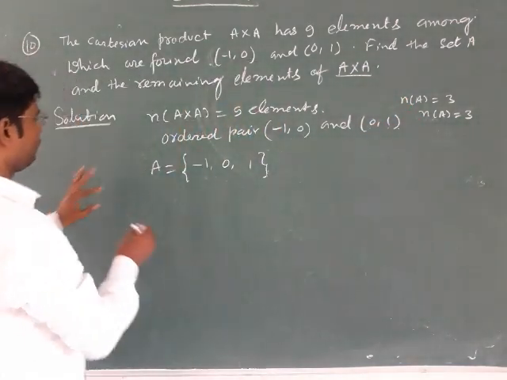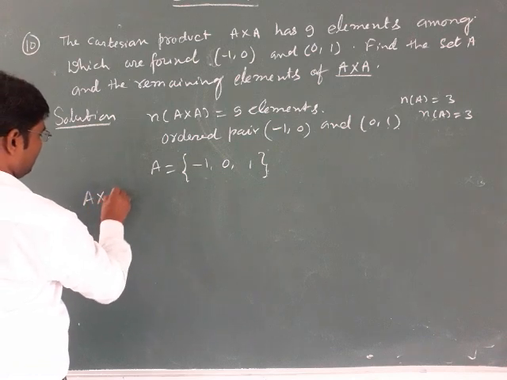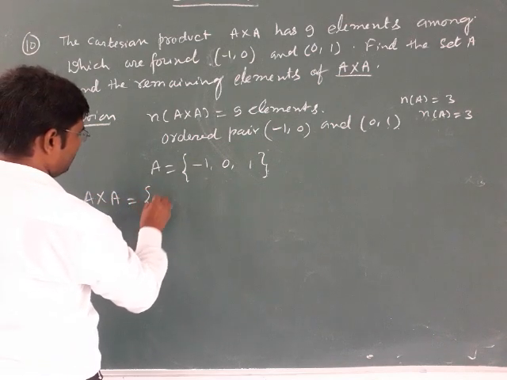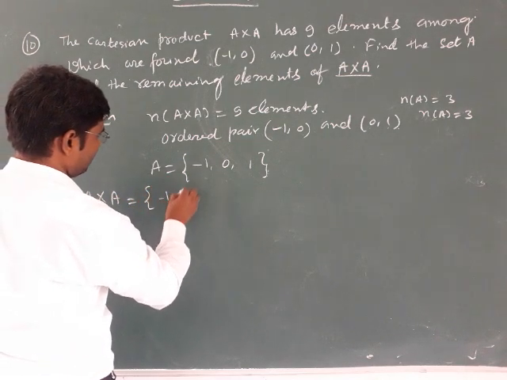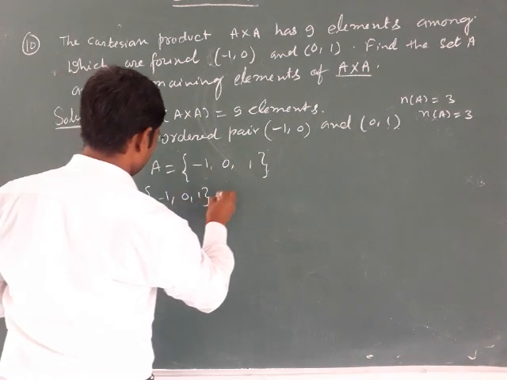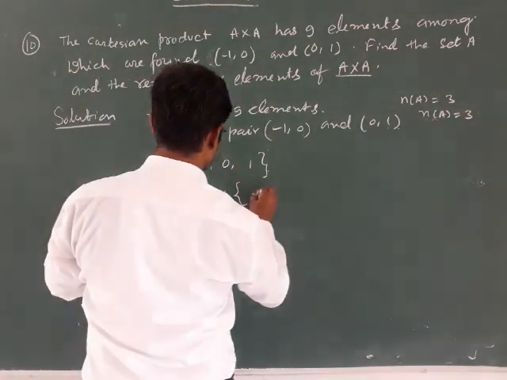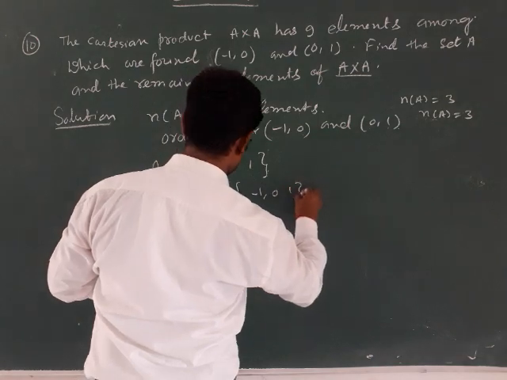So now A cross A is {-1, 0, 1} cross {-1, 0, 1}.